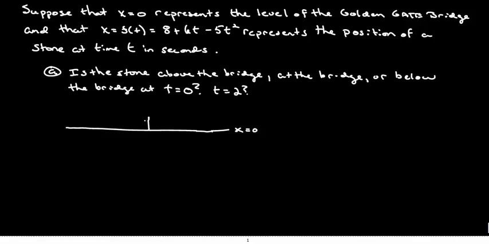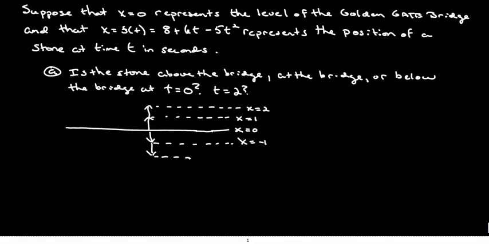As I go up this way, this maybe is at a height of, let's say, x equals 1. This is at a height of x equals 2. These guys down here are at lower heights. This is x equals negative 1. Come down more like this, and this will be x equals negative 2.